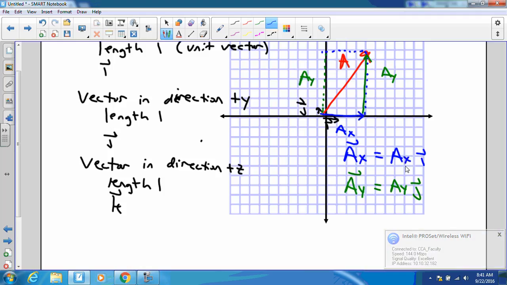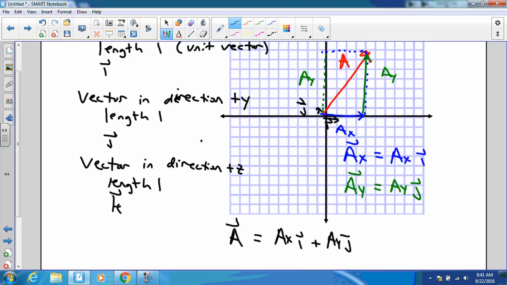So that when we put it all together, we have a fairly elegant representation, and that is this, that the vector A that we have is equal to ax times I plus ay times j.